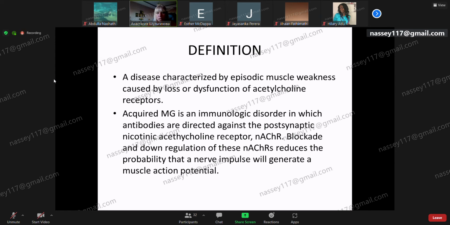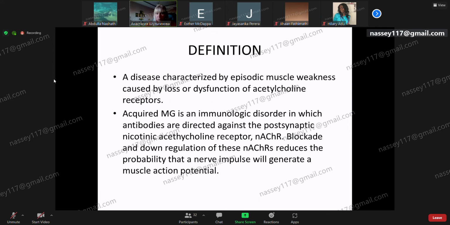So, acquired myasthenia gravis is an immunological, autoimmune disorder in which antibodies are directed against the postsynaptic nicotinic acetylcholine receptors. We see block and downregulation of these receptors, which reduces the probability that nerve impulses will generate a muscle action potential. In conclusion, by this slide, myasthenia gravis is a dysfunction or disorder of the neuromuscular junction.